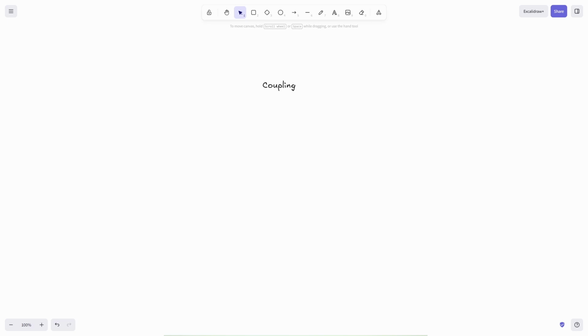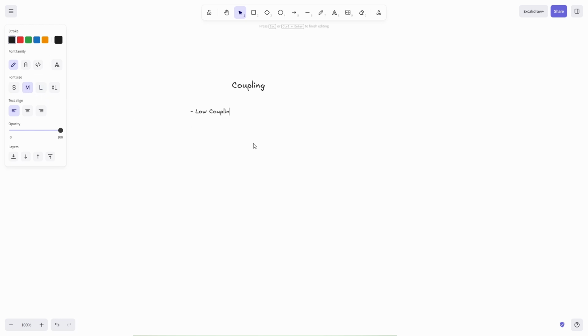There's this rule that we tend to follow in software engineering, which is: low coupling, high cohesion. I think I'm spelling cohesion correctly; if I'm not, please forgive me.